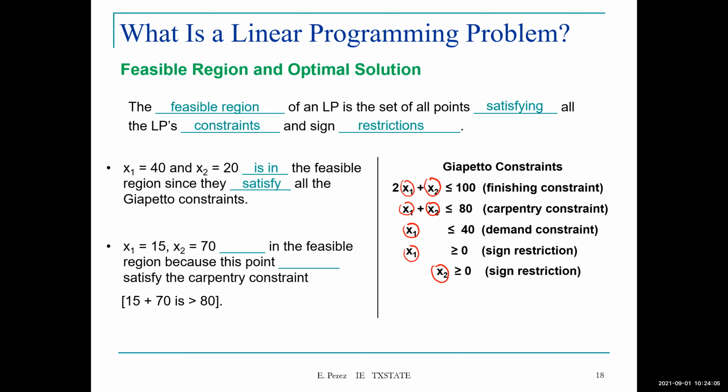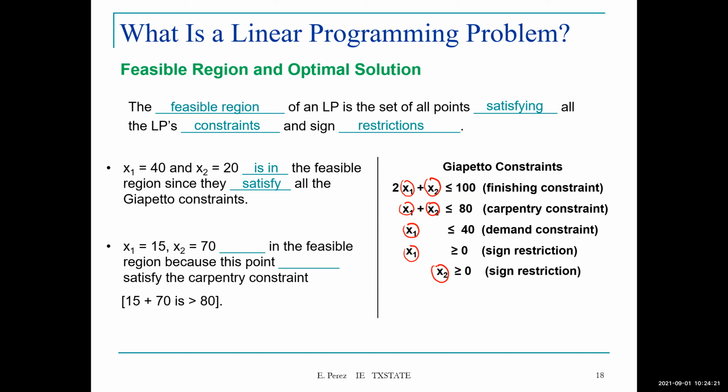So we call that a feasible solution because it satisfies every single constraint. That might not be the optimal solution, but it's a feasible solution. It's one solution that satisfies all the constraints.